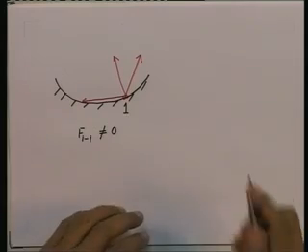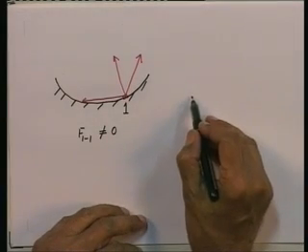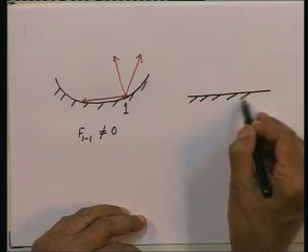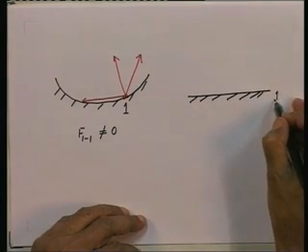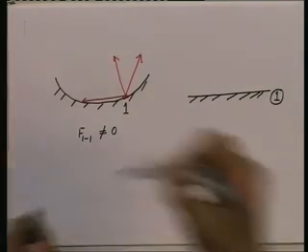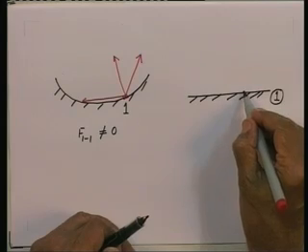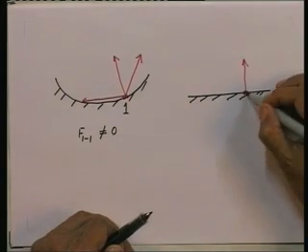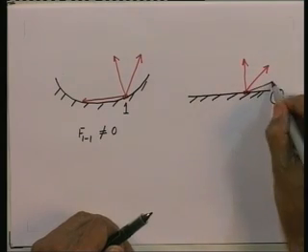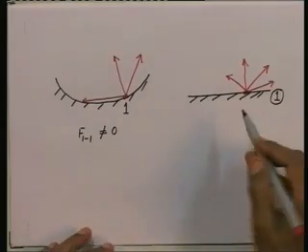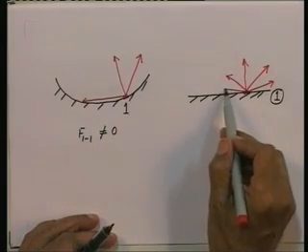On the other hand, if the surface 1 is say flat, suppose this is the surface 1, all right. And now, if I consider radiation emitted from any elementary area on this surface, you will agree with me that radiation emitted from anywhere on surface 1 will go out like this and will not be intercepted by 1, right.